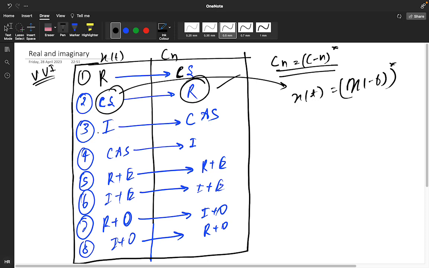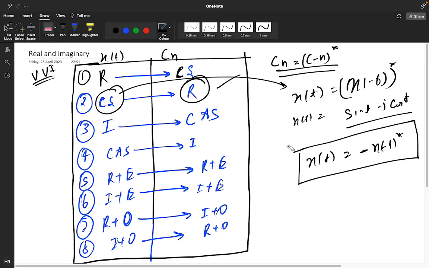And if you have an imaginary signal, suppose x of t is sin t minus j cos t, then you will get C of n as a complex anti-symmetric signal. And you know the meaning of complex anti-symmetric?